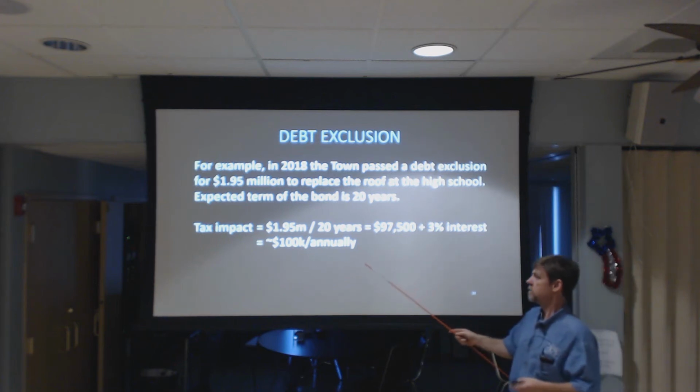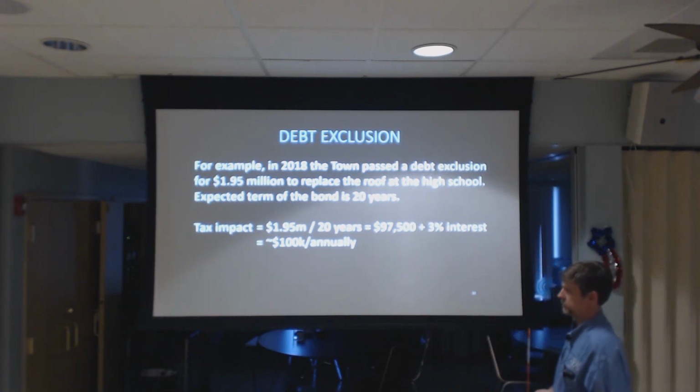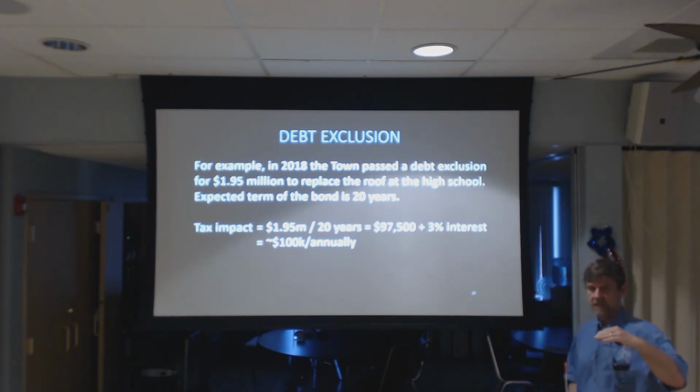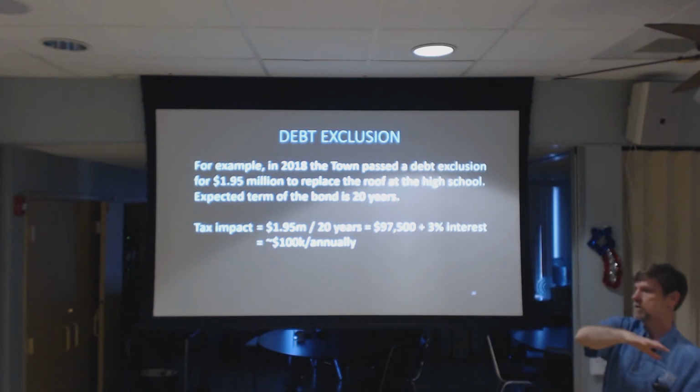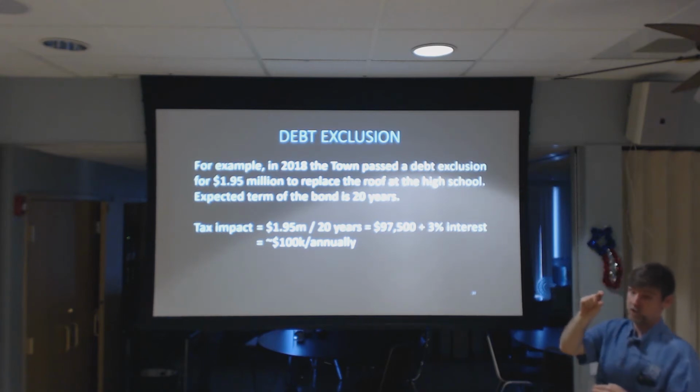Or say, again, to use round numbers, around $100,000 annually. So that adds $100,000 to the tax levy, which is then spread out among all the taxpayers. So it actually comes out to be a really small number, year over year.